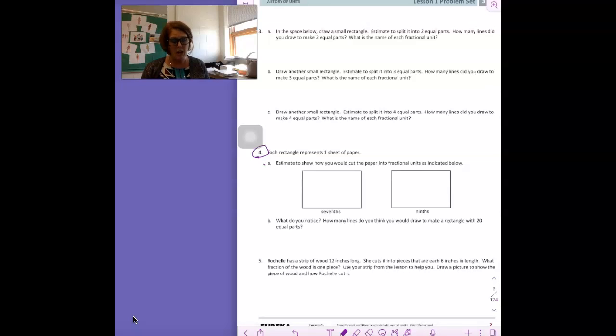So we kind of have to visualize and try to draw 7 equal parts. Do the best you can. The next one is ninths. A ninth of something is even smaller than a seventh of something, so these parts are going to be even smaller.